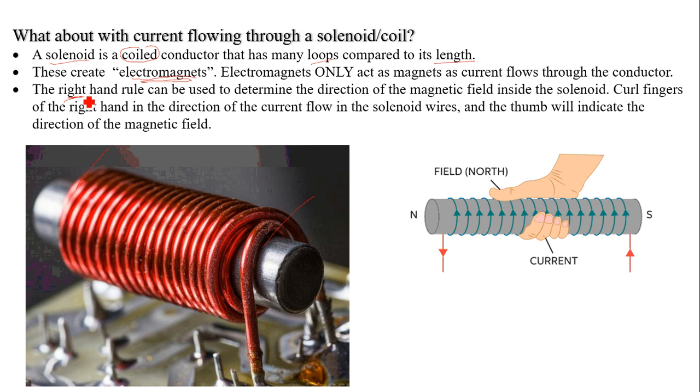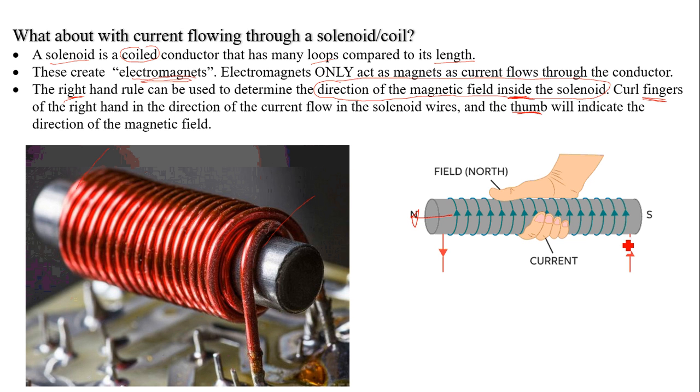Again, we're going to use the right-hand rule, only now it's a little bit different. In this case, it tells us the direction of the magnetic field on the inside of the solenoid. You grab onto the solenoid with your right hand. Now your fingers show the direction of the current, wrapping around the solenoid in the direction of the current, and your thumb indicates the direction of the magnetic field coming out of the center of the solenoid.